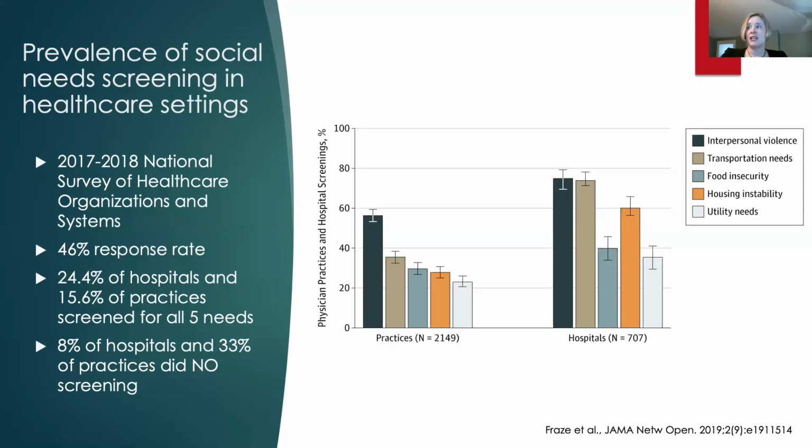It should be recognized that there are multiple different purposes for which social needs data may be used in a healthcare setting. They could be used to assist in determining an individual's health risk and incorporated into risk calculators for that purpose. They could be used in shared decision-making with the patient to determine a feasible plan or with the intent to connect that patient to community-based organizations to address a particular need.